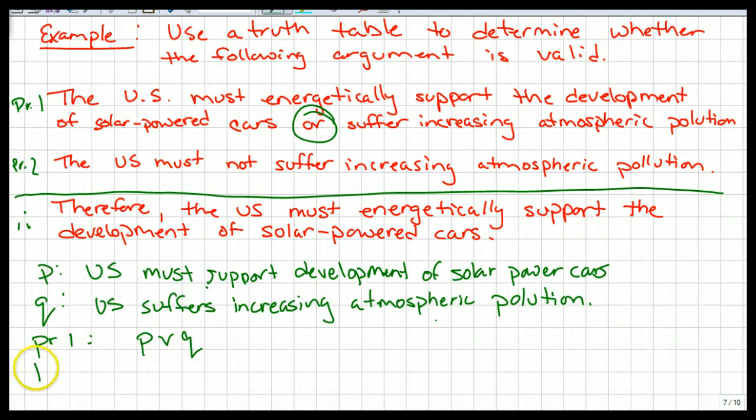Premise 2, yes, and not just Q, but it's going to be a not Q. And then we have our conclusion on the bottom, therefore, the U.S. must energetically support the development of solar-powered cars. That would be a P.